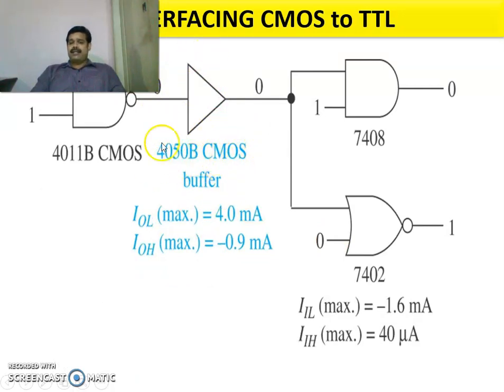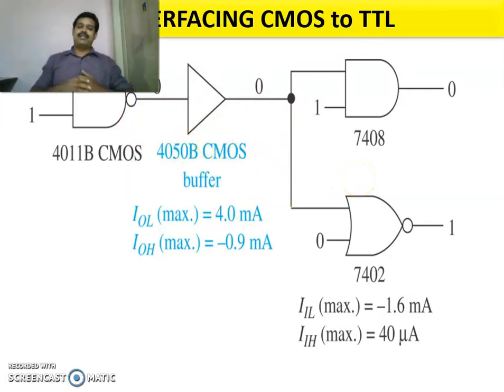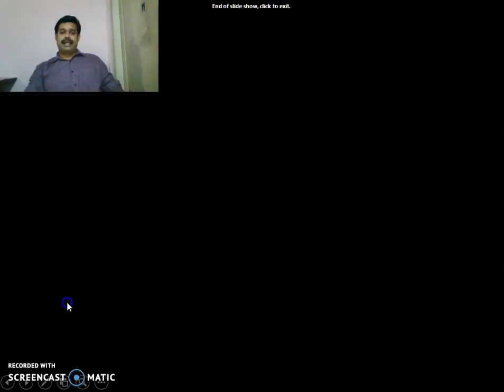The 4050B CMOS buffer is nothing but a level translator or buffer, and it will change the output sinking capability to 4 milliamps. So you can interface CMOS to TTL when its output is 0 by using a CMOS buffer, the 4050B buffer.